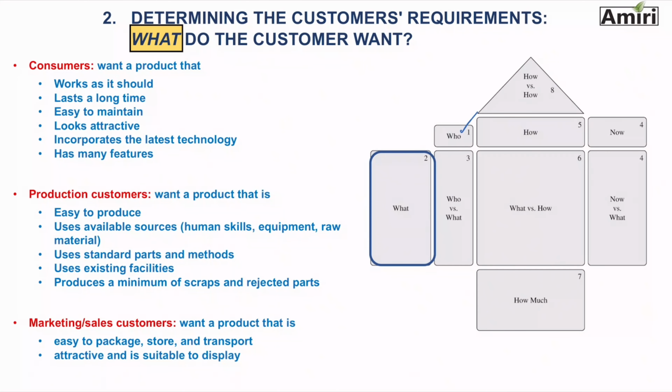Has lots of standard parts and production methods, so not too many customizations on it. Again, goes back to the same point. They can use their current existing facilities to do that, and it's an efficient way of producing. So not too many scraps, not too many reject parts, tolerances are not too tight, and so on.